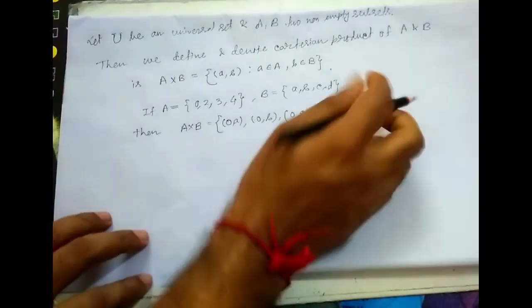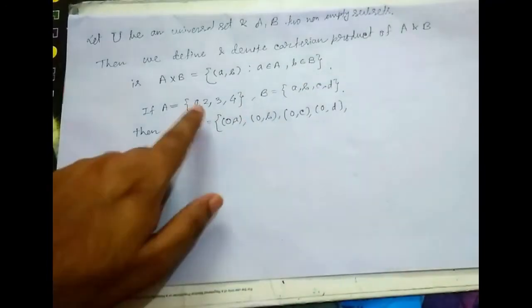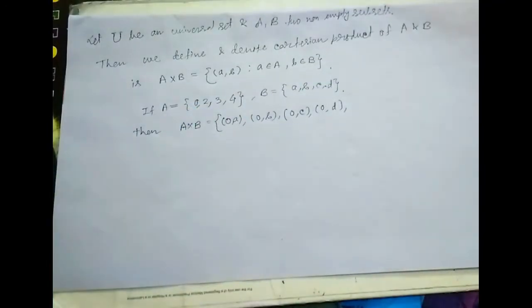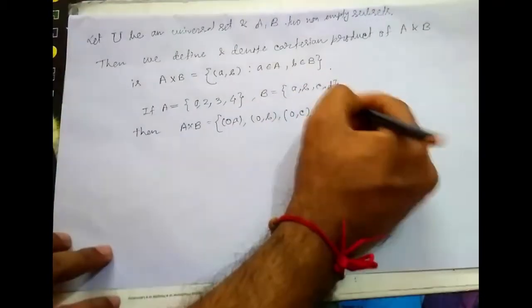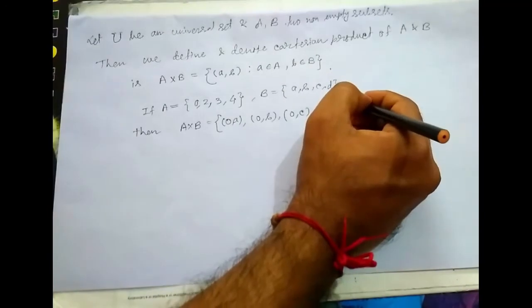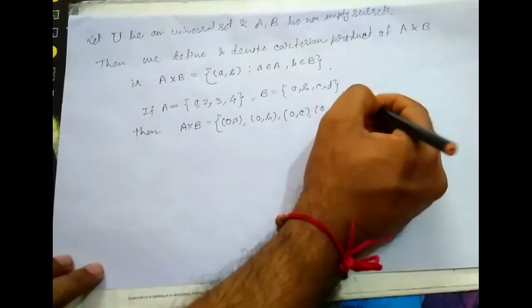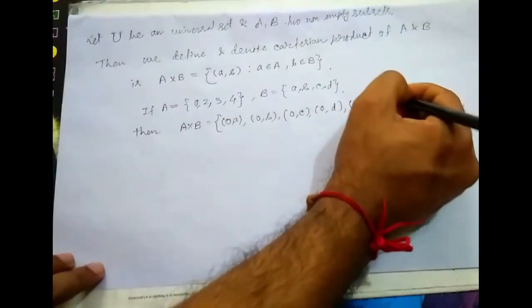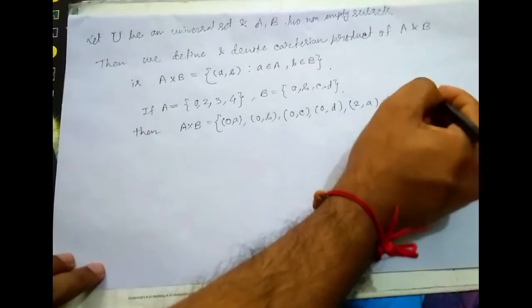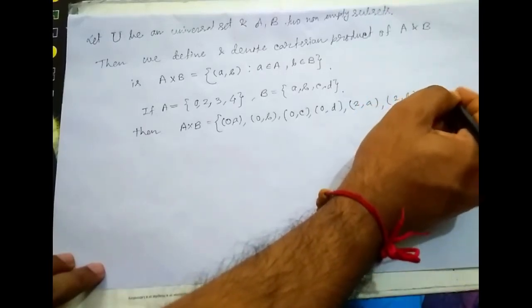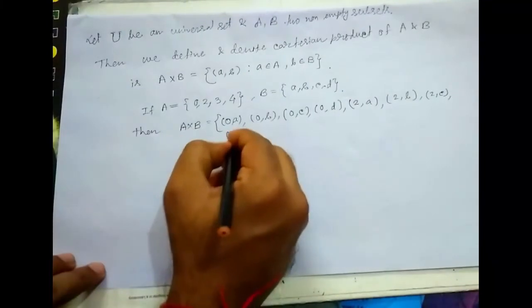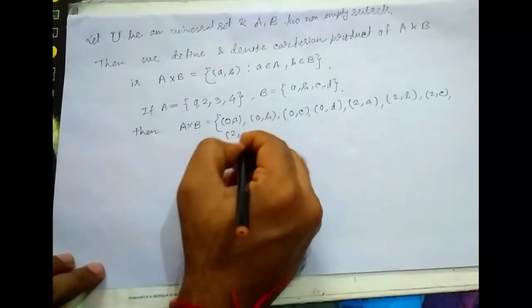Fine. Now if we put the element 2 in the place of first component, then the possible ordered pairs are (2, a), (2, b), (2, c), (2, d).